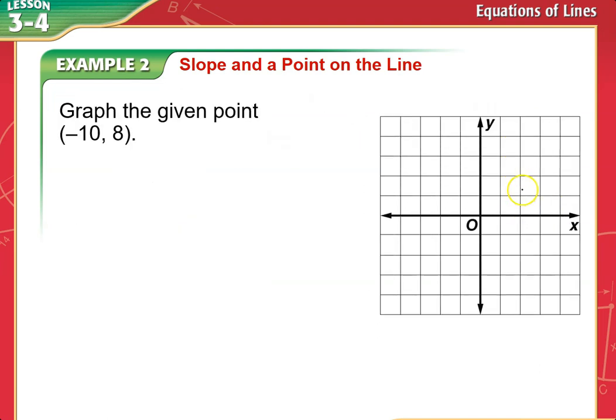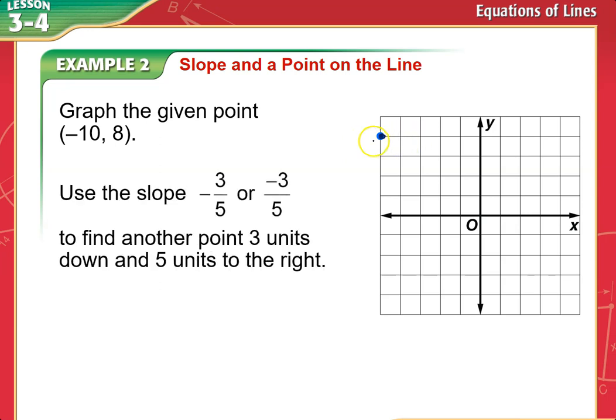And then we're going to graph the given point. So we're going to graph (-10, 8). So we're going to just scale this by 2's. So we're going to graph a point over here. Okay? And then we're going to use our slope of -3/5.